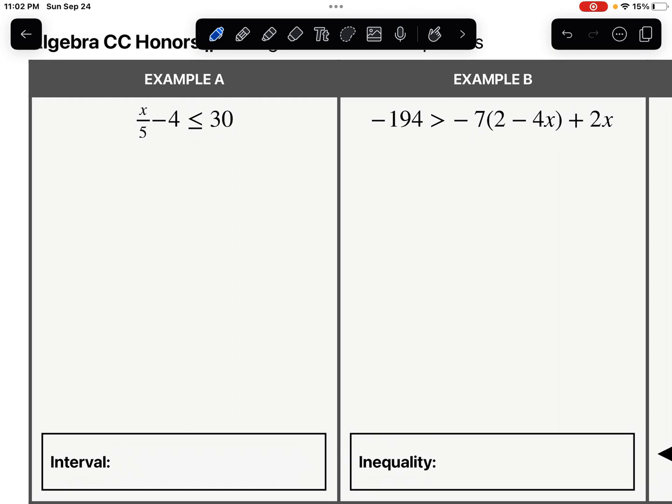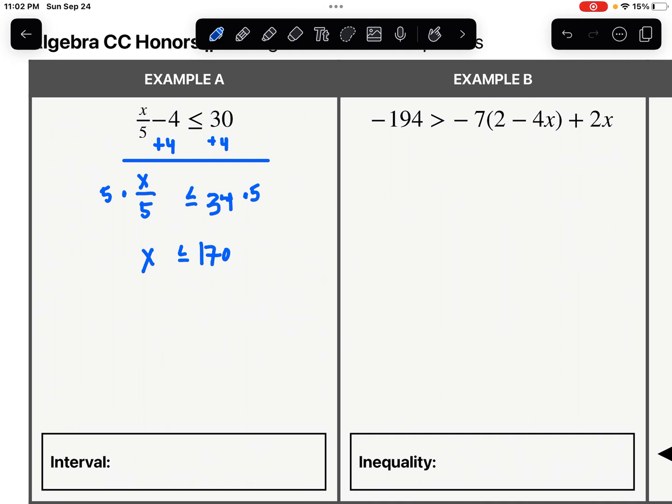So first, on example A, we're going to solve this inequality just like we would an equation. So we're going to add 4 to both sides, and that'll give us x over 5 less than or equal to 34. And then we're going to multiply both sides by 5. And so that will tell us that the mystery number has to be less than or equal to 170.